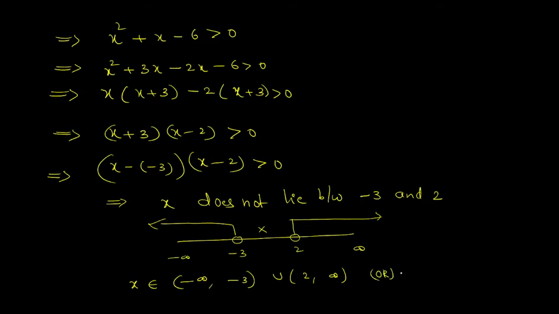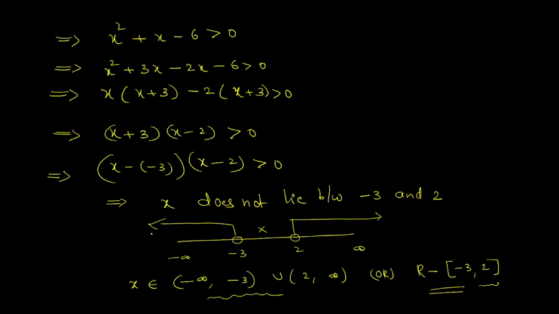Another way you can also write it is R minus this part, because we have to exclude it. Here the open interval is excluded, so R minus the closed interval [-3, 2]. Exactly opposite. Both are correct. Since the open form is given here, write the opposite, closed, R minus this.